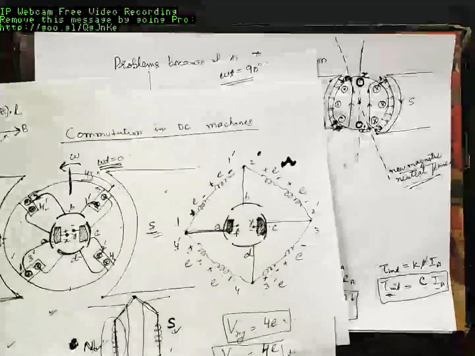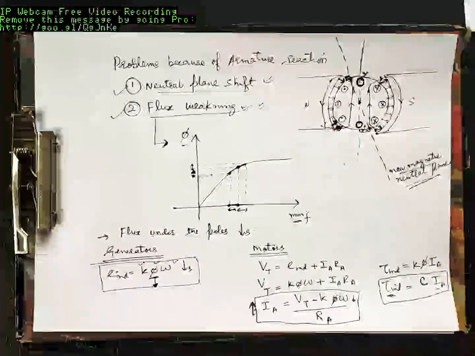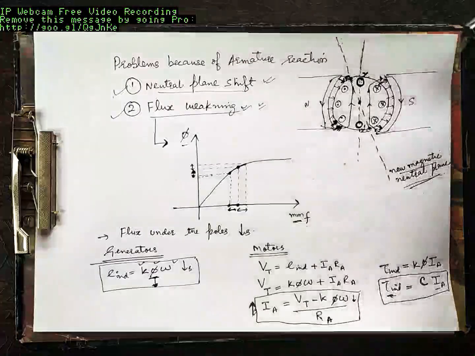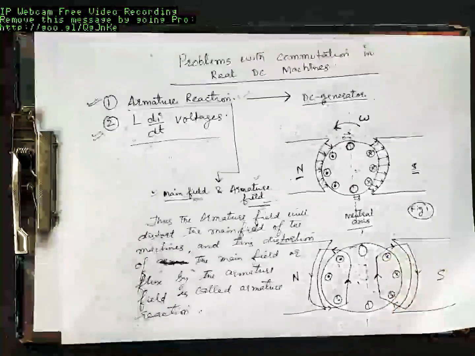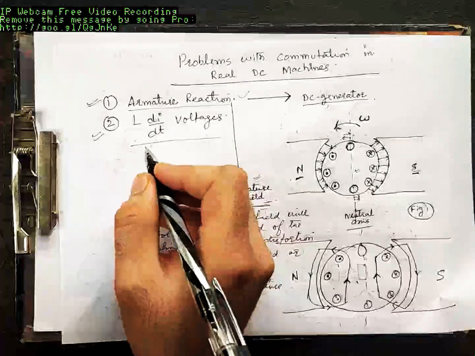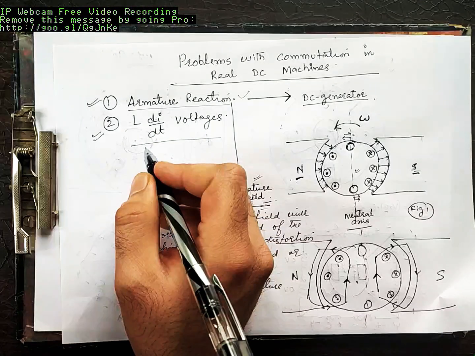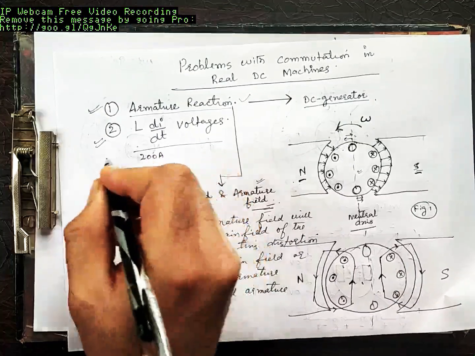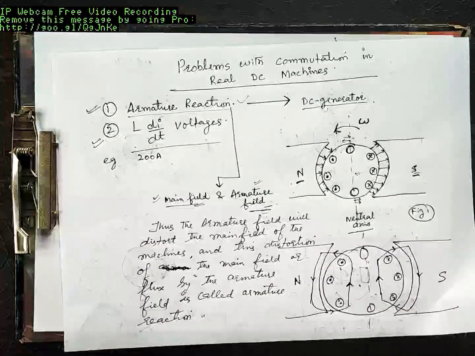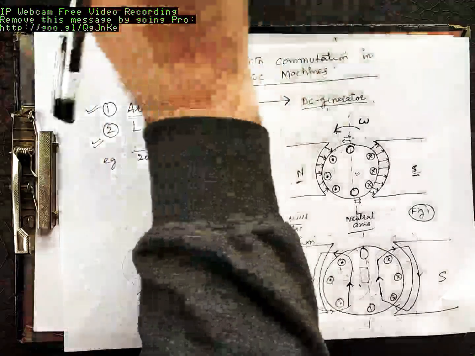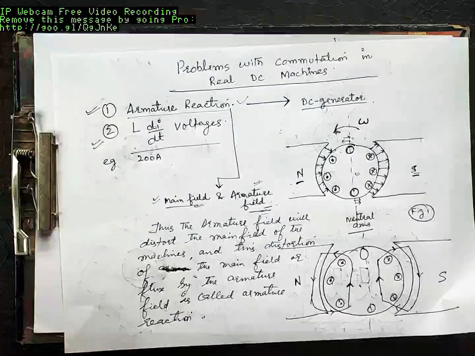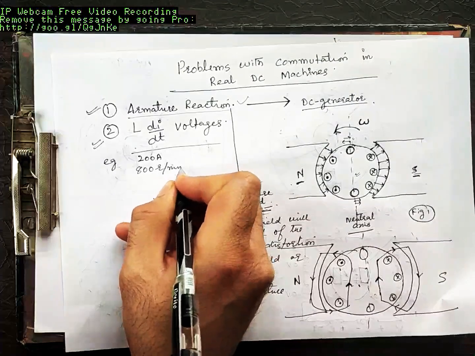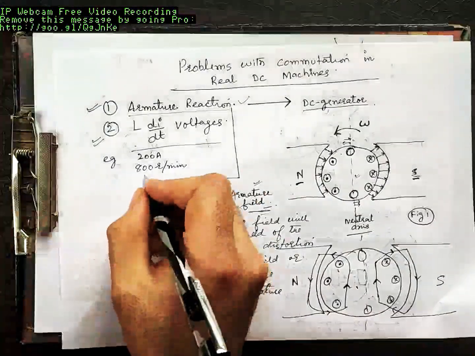Usually, suppose the current in one coil is 200 amperes. This is an example. And this machine is rotating at 800 revolutions per minute, and suppose it has 50 commutator segments.